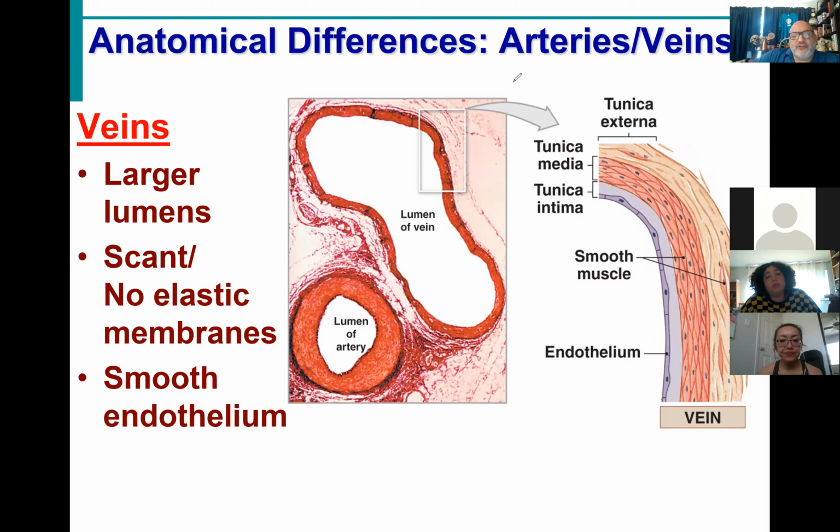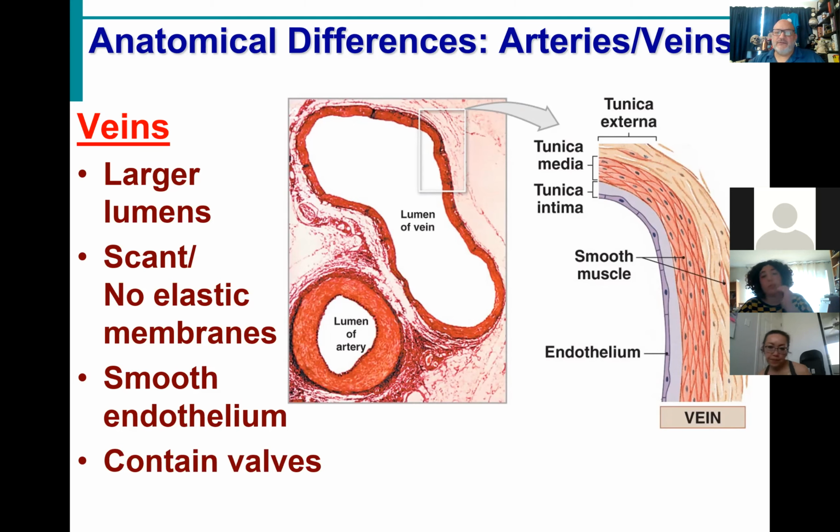Most arteries are also carrying blood with gravity down away from the heart, whereas veins are dealing with lower pressure blood. They're further away from the pump that is the heart. And again, they have that larger lumen to help with that, but they need other things to assist them as well. One of the big things that veins have to help them are valves.